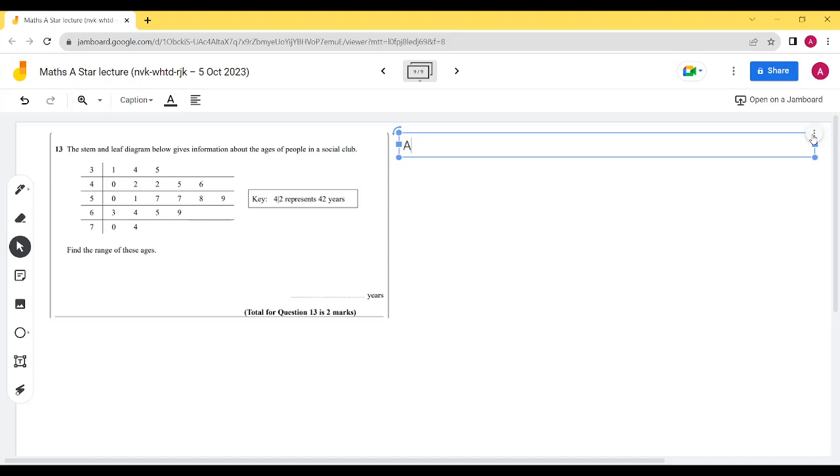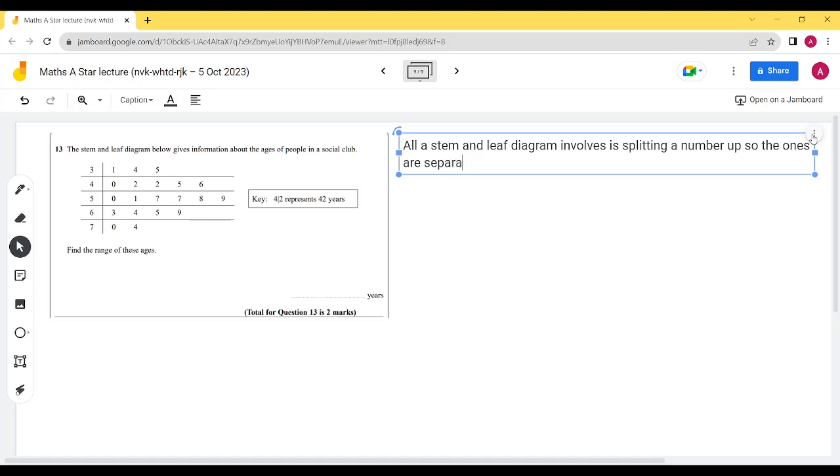But all a stem and leaf diagram involved is splitting a number up so the ones are separate to the other parts.